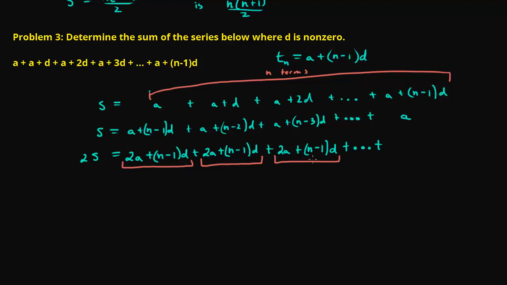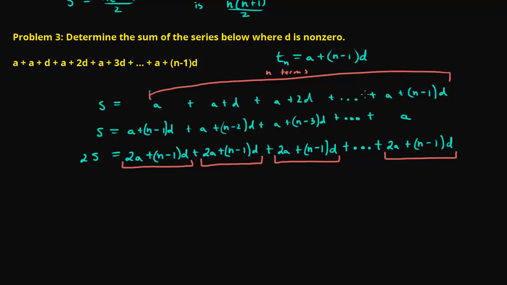That pattern is going to continue until we get to the last two matching terms, where we would have plus 2a plus n minus 1 times d, and again we get the same thing.